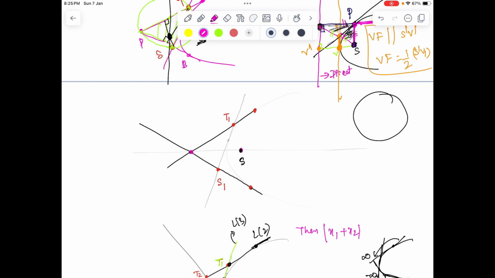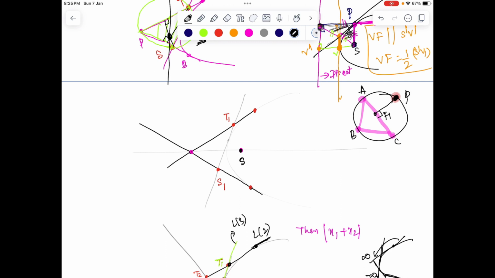Let's say you have a circle, any random circle, and you take any 3 random points on the circle and join them. Now, if we have any random point P on the circle, let's drop perpendiculars from P to the 3 sides.